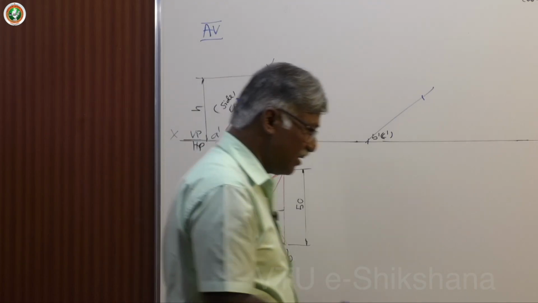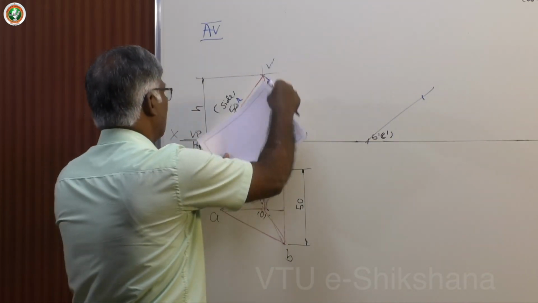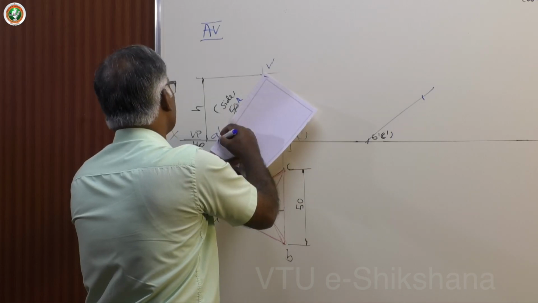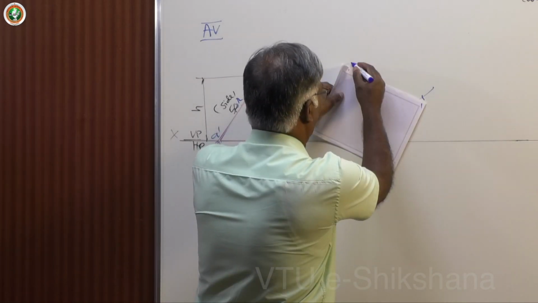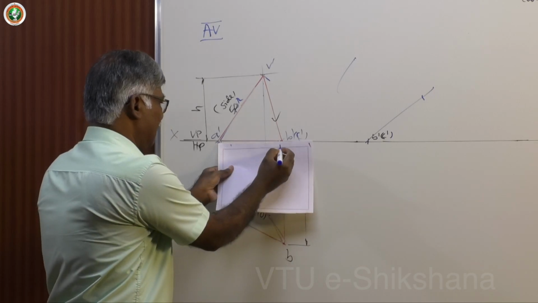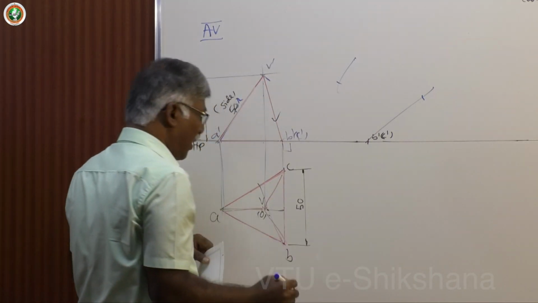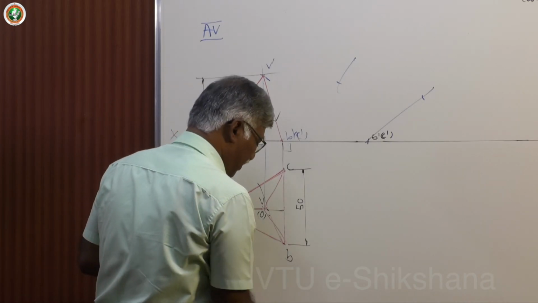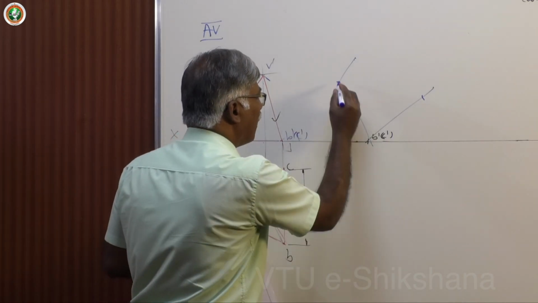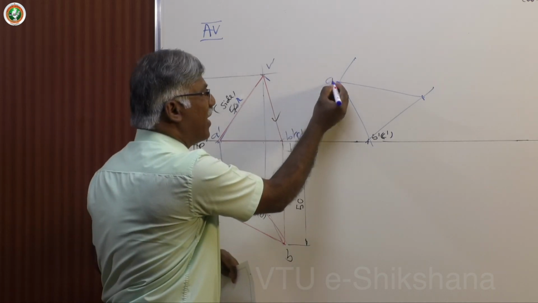Next, take this second line, second length. This one is the 50 mm side. Draw an arc like this. Then take the base side. This is how you keep the geometry. Now, join these lines. What is this point? A dash.